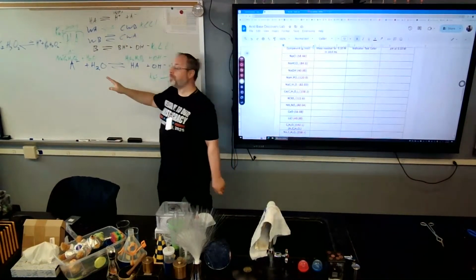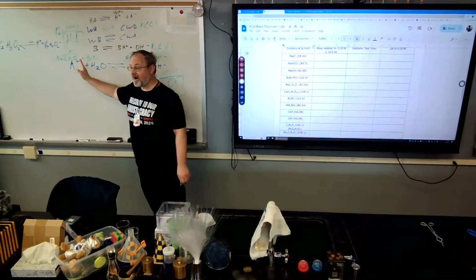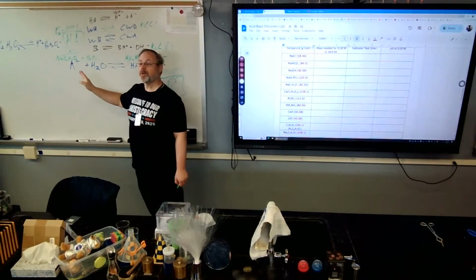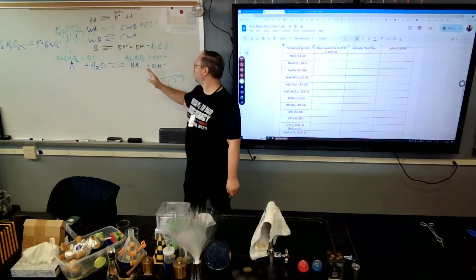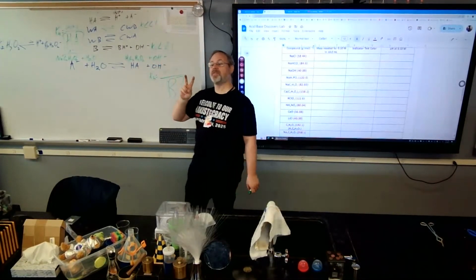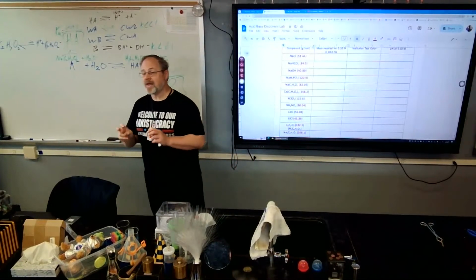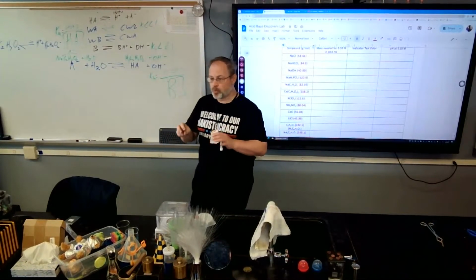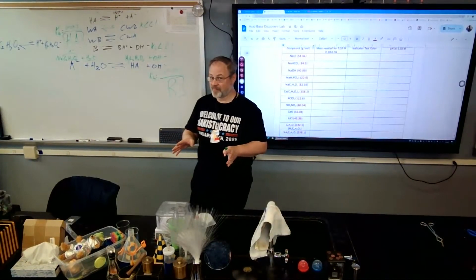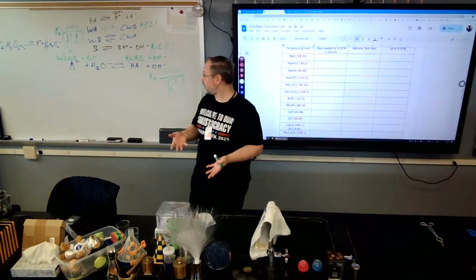So if you put the conjugate of an acid in solution, you will get its acid with hydroxide, because the conjugate of a weak acid is a weak base. Capiche? Okay.